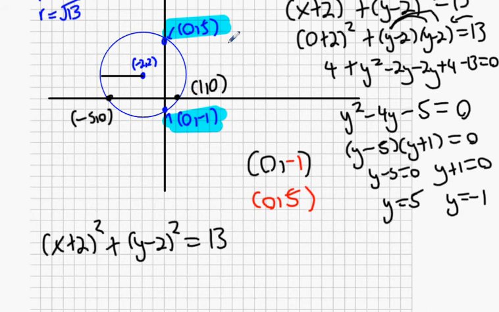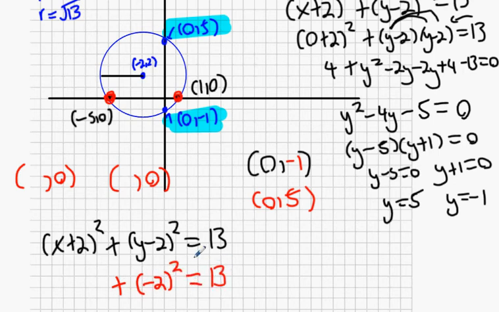We want to find where it hits the x-axis, so we want to find this point here and this point here. What letter do we need to be equal to 0 when it crosses the x-axis? So the y value is 0. So replace the y value with 0. So this is going to be minus 2 squared, because it'd be 0 minus 2 squared, yeah?